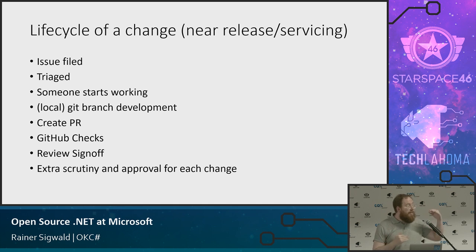And then as the ship date gets closer and closer, you have to convince more and more people that your change is a good change to go in. Long history has shown that the person who's making the change swearing up and down that it couldn't possibly cause any problems and it's just a typo fix or whatever is not a solid basis for changes.